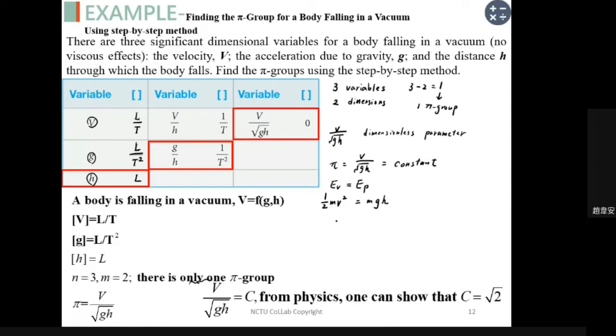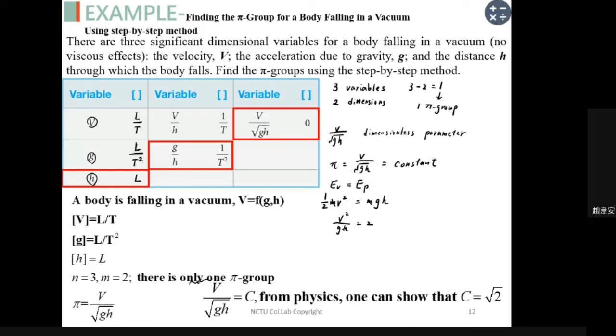So we reorganize the equations, and we know v squared divided by gh is equal to 2.